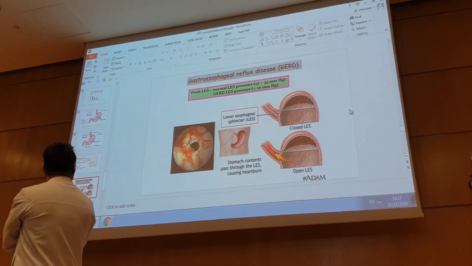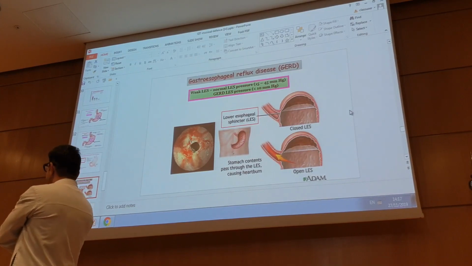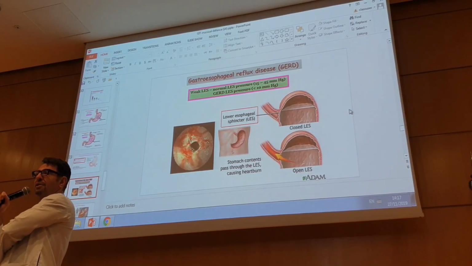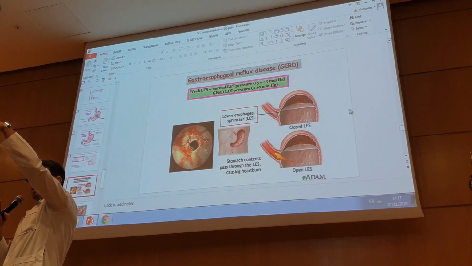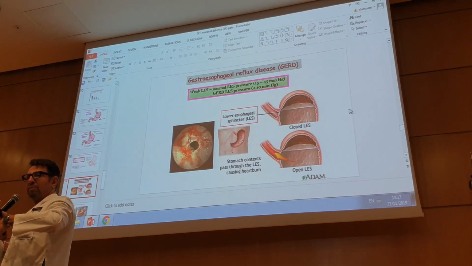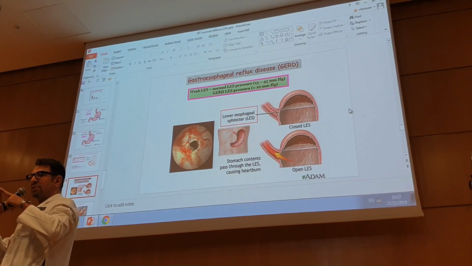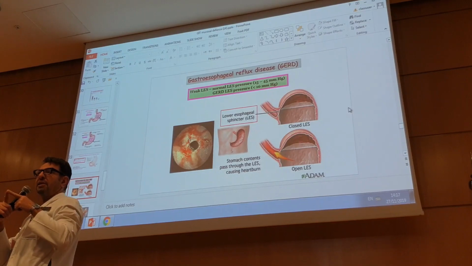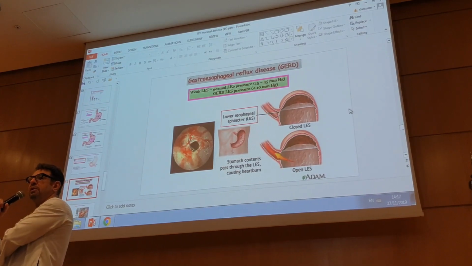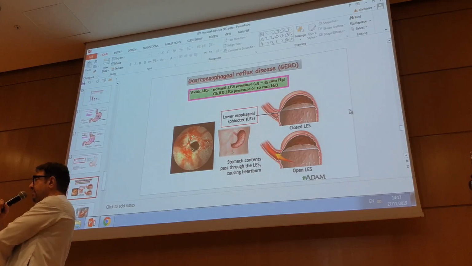Number three, you have widening of the crus of the diaphragm. So when the diaphragm opening, where the esophagus moves from the mediastinum into the abdominal cavity, the crus of the diaphragm is weak and there's a gap where there's a hiatus hernia, you can also be at risk for gastroesophageal reflux.